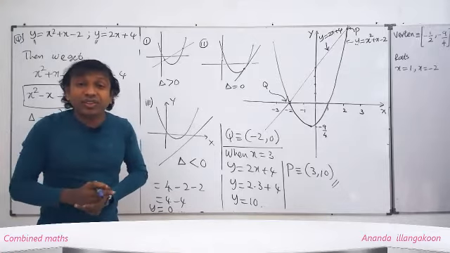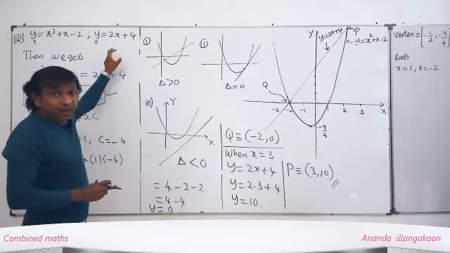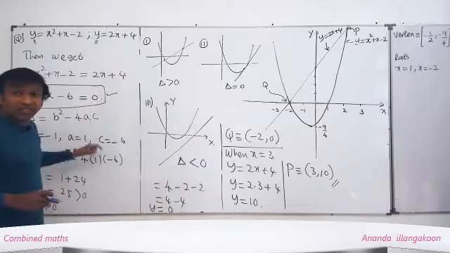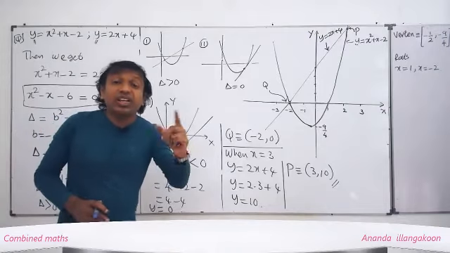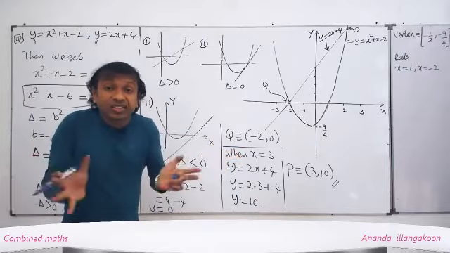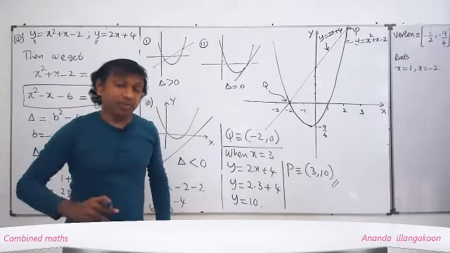That can easily be done by equating the right hand sides, obtaining the quadratic equation, and calculating its discriminant delta. If delta is positive, they intersect; delta 0, they touch; delta negative, they lie separately. That is the test, people.